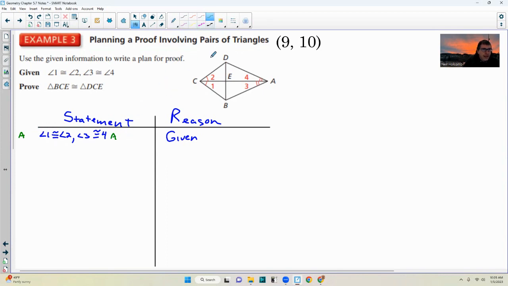All we need is a side to prove these two triangles congruent. So as you can see, triangle ADC and triangle ABC share side AC. So now I can say segment AC is congruent to segment AC, reflexive property.